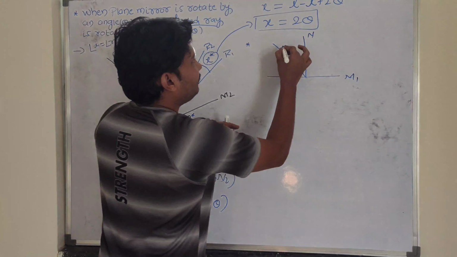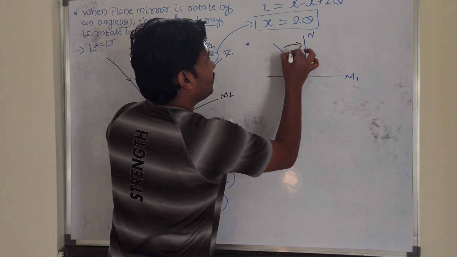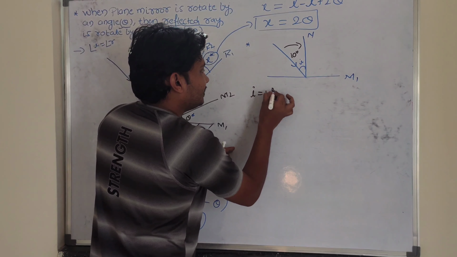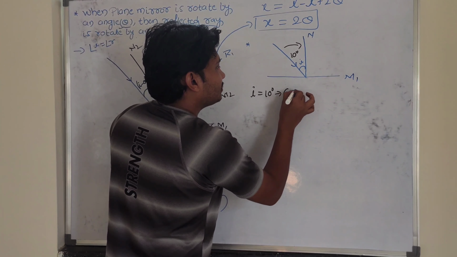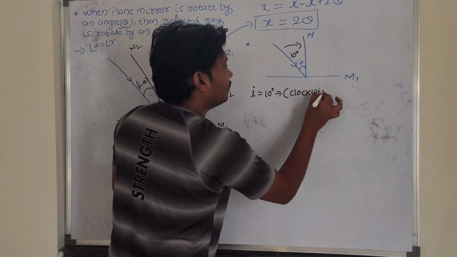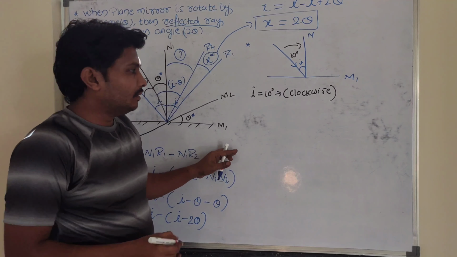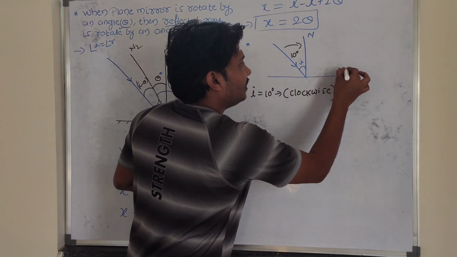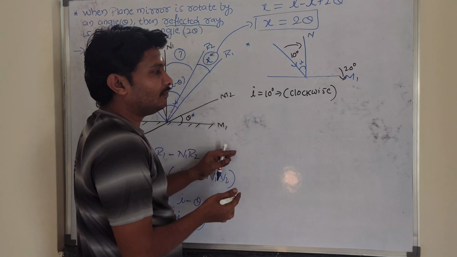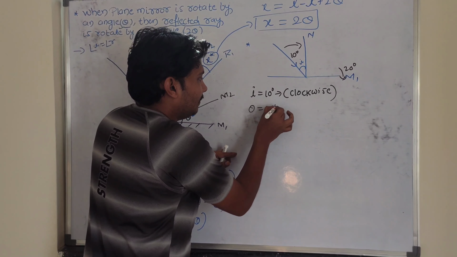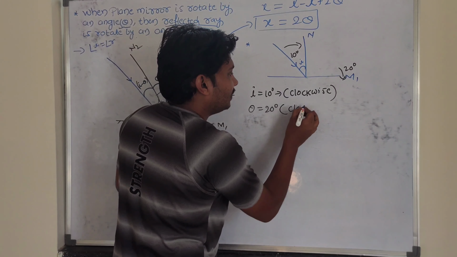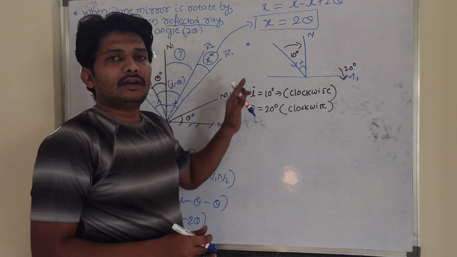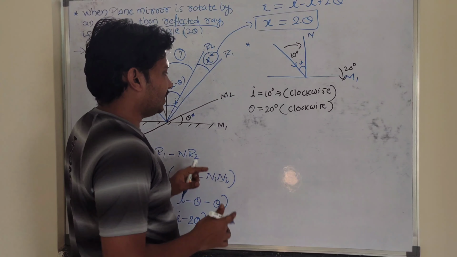For example, the angle of incidence is 10 degree, and the incident ray is rotated by an angle of 10 degree in a clockwise direction, and the mirror is also rotated by an angle of 20 degree, also in a clockwise direction. Then what about the angle of reflection?